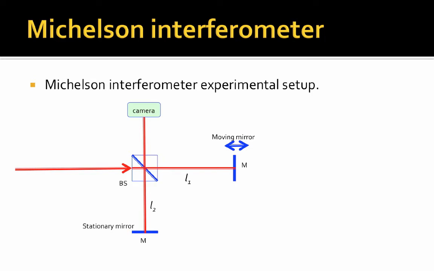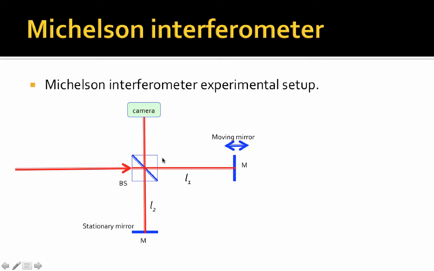All right, so let's get into our interferometer. Our experimental setup in schematic, you can sketch this for your pre-lab, is going to look something like this. You've got an input beam, a beam splitter, and two mirrors. Light is reflected off the beam splitter to one mirror and transmitted through the beam splitter to another mirror. This mirror will move.